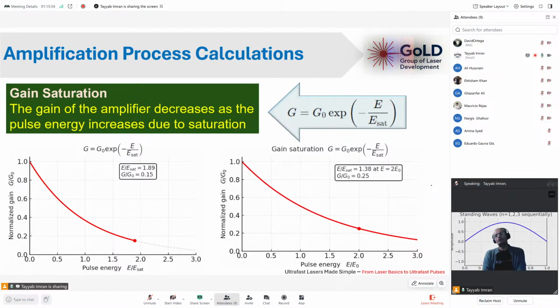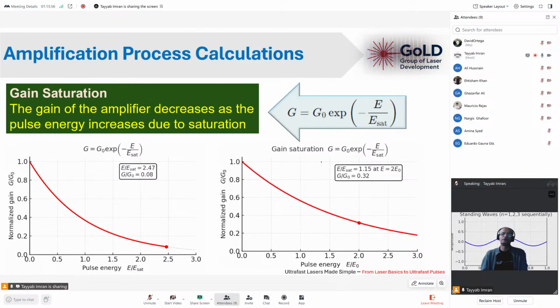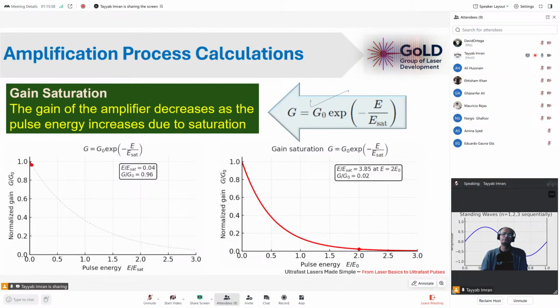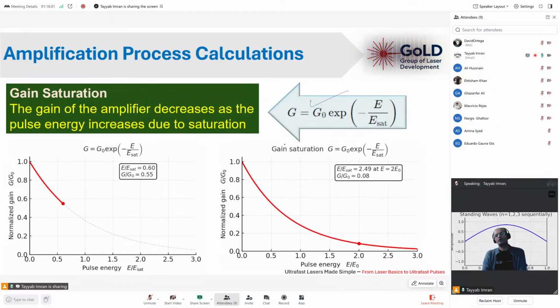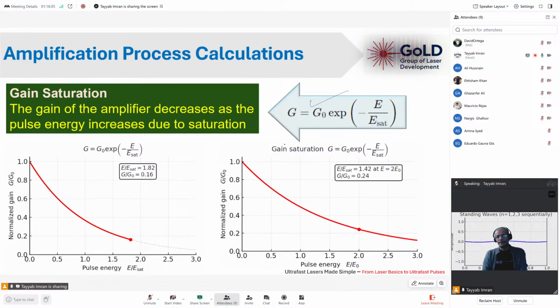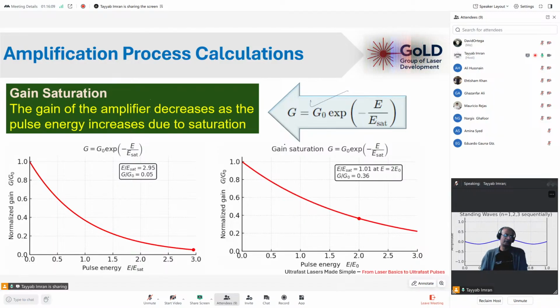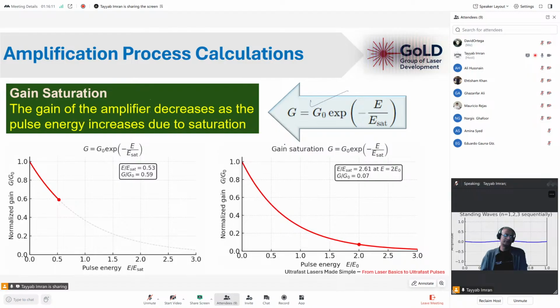The formula you can see on the right side here is G equals G naught exponential of E over E saturation. So the gain of the amplifier decreases, as I mentioned to you.